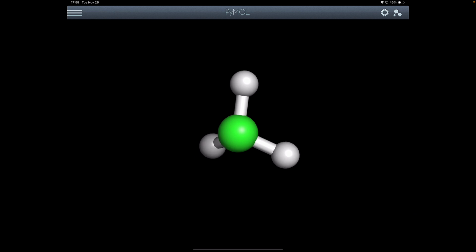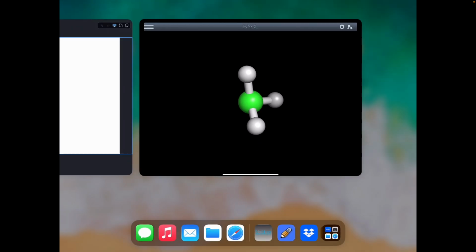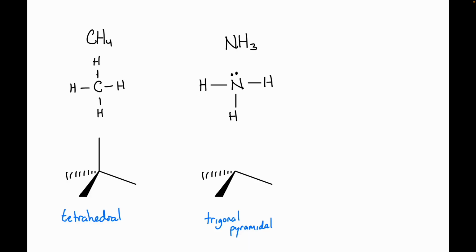Now we would draw it with 2 straight lines and 1 dashed line, as if I deleted this one over here. That's perfectly fine. It just doesn't look as much like a triangle-based pyramid anymore. So sometimes you can be strategic about which bond you erase, and it'll give you a figure that looks a little more like the name of the geometry, but in this case, it really wouldn't matter which one I picked.